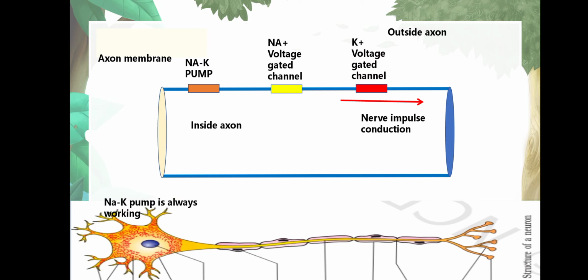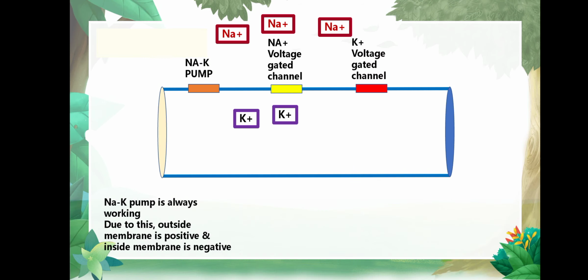This is a depiction of the axon membrane. Inside, the concentration of potassium ion is high, and outside the concentration of sodium ion is high, and the sodium potassium pump is always working. Due to this, this situation is created.